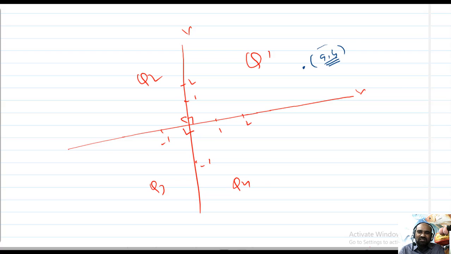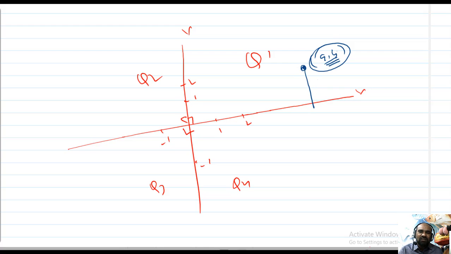So what does this ordered pair say? The ordered pair says that this point is a units from the y-axis and b units from the x-axis. A units from the y-axis, don't confuse. Actually, a is called the abscissa and b is called the ordinate, or a is called the x coordinate and b the y coordinate. The x coordinate says how much distance the point is from the y-axis. The y coordinate says how much distance the point is from the x-axis.